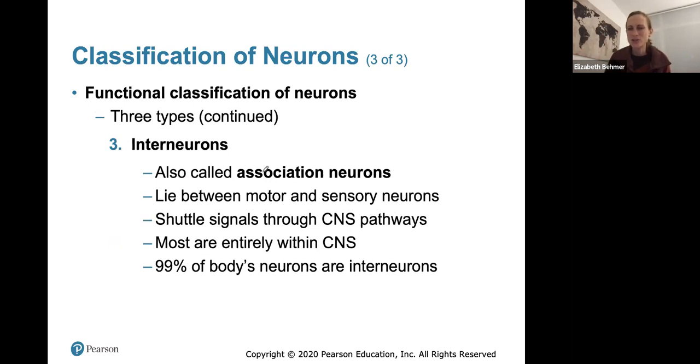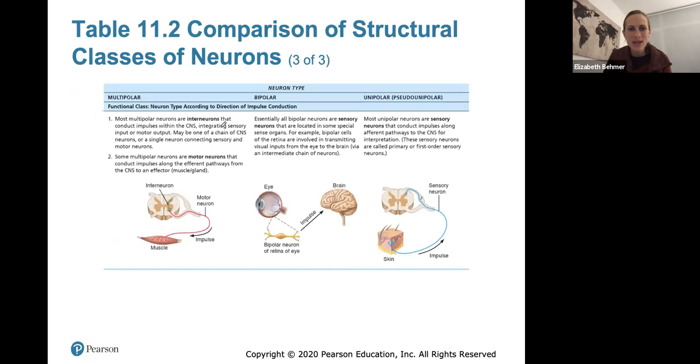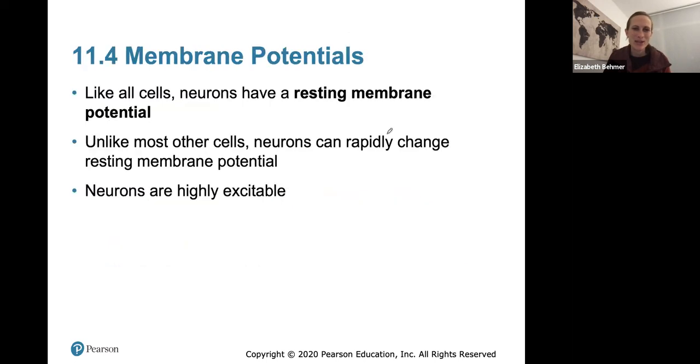Interneurons are also called association neurons, and they are the mediators between. They lie between motor and sensory neurons, and they usually just shuttle signals through the central nervous system pathway. About 99% of your body's neurons are interneurons, or connections between the two. And here are looks at multipolar, bipolar, and unipolar neurons and where they can be located.